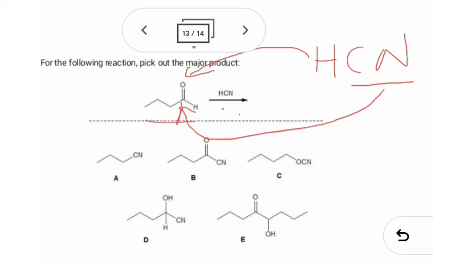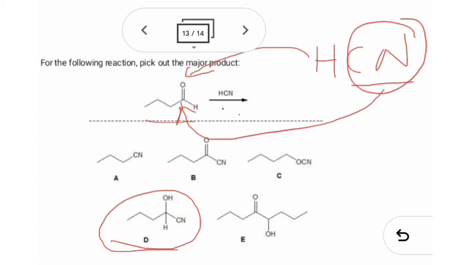Okay, so that is what we expect when we perform this reaction. So this is an addition reaction, addition of hydrogen cyanide. And so we expect to have this as our major product. So you can see here, the hydrogen has been added to the oxygen, then the double bond has been broken, so we only have a single bond. Then the cyanide ion is going to bond to the carbonyl carbon.